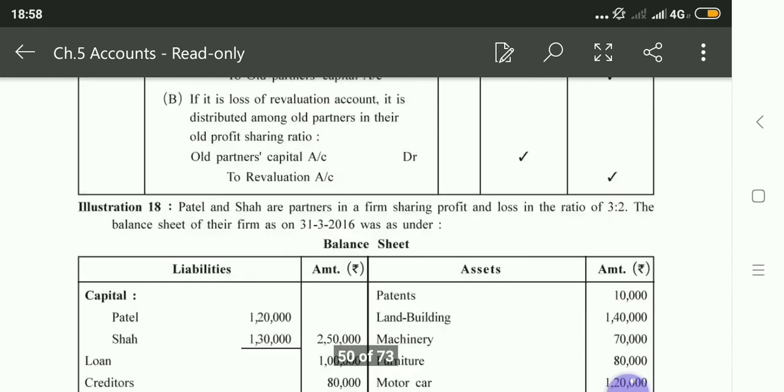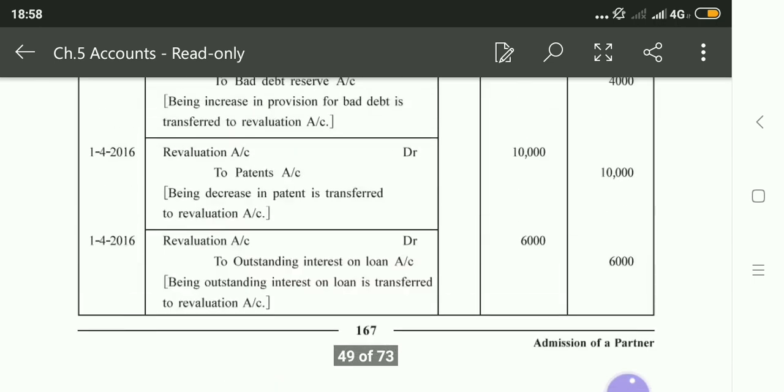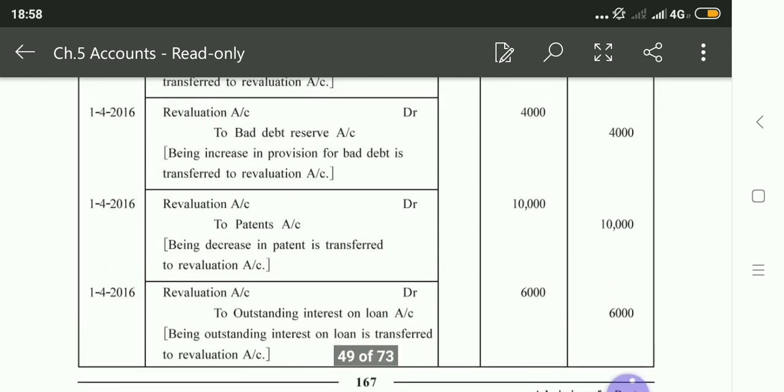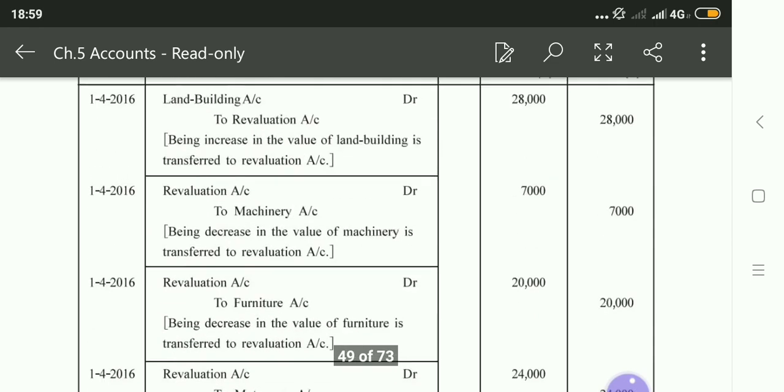Let us check the journal entry again. Yes, I can see here. Revaluation account debit to patents account, 10,000. There is no value of patents, so there is a loss of complete 10,000. So there is no new value even of patents to be presented in balance sheet. Fine. Moving ahead, I have adjustments here.